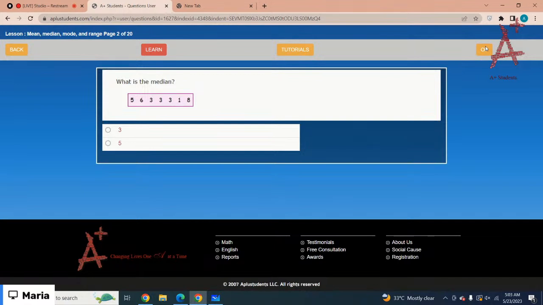Okay, what is the median of the data? Median is the number that divides the data into two exactly equal parts. For the median, first of all, you have to arrange the numbers from least to greatest. Let's just arrange them.